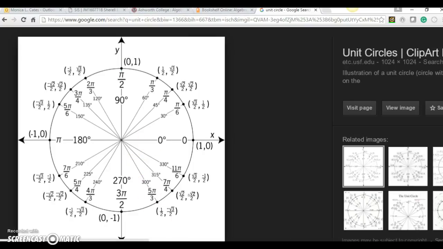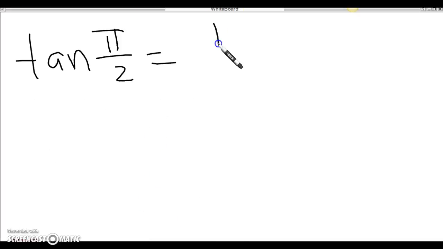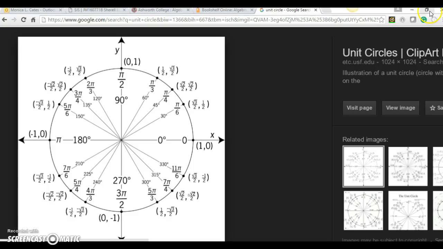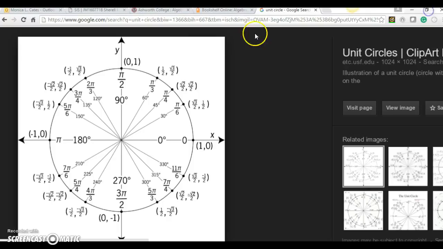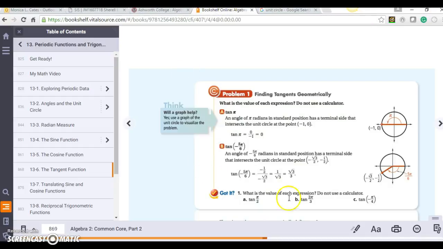So my y value is 1, and my x value is 0. So 1 over 0 is undefined. Can't divide by 0. All right, let's look at the next one.